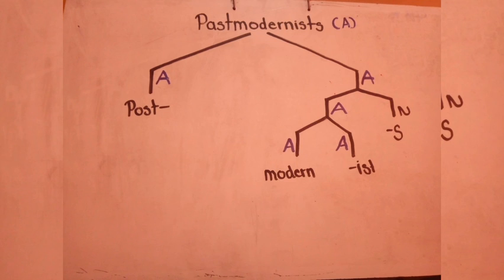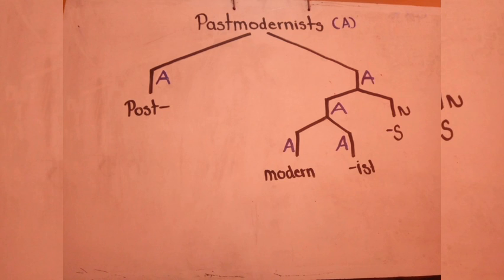Well, we have the word class. The word class of modern is an adjective. If we add the suffix ist, it also refers to an adjective. Then when we put the suffix s, we create a plural noun.